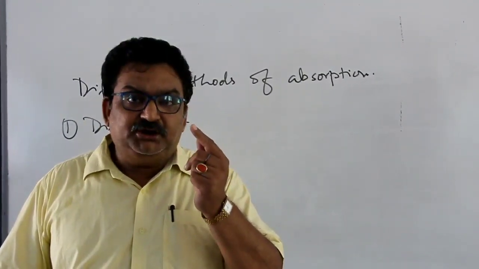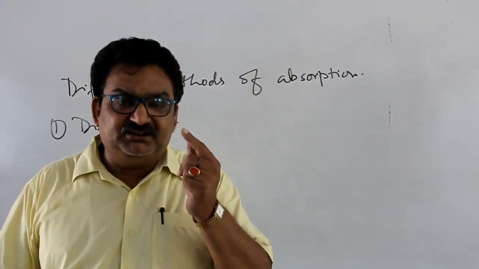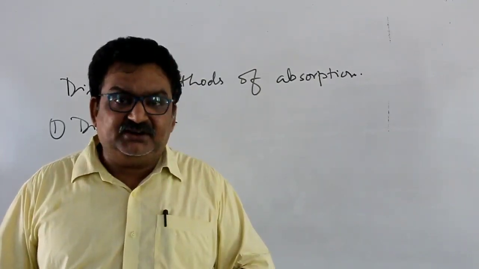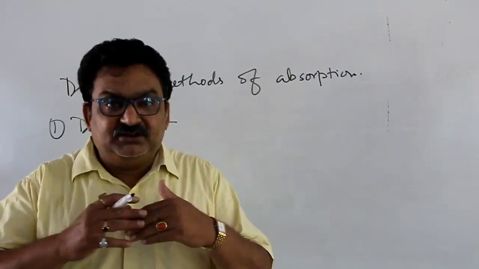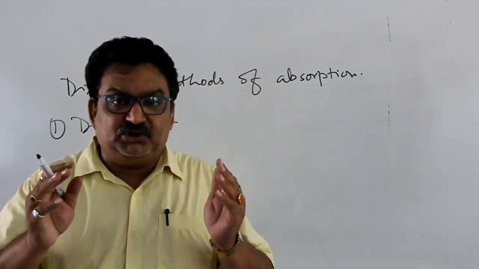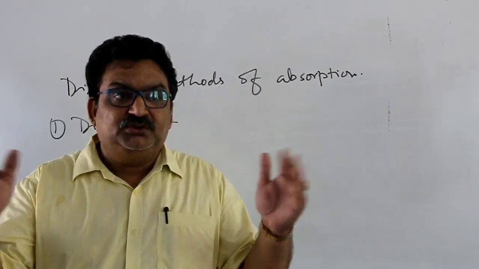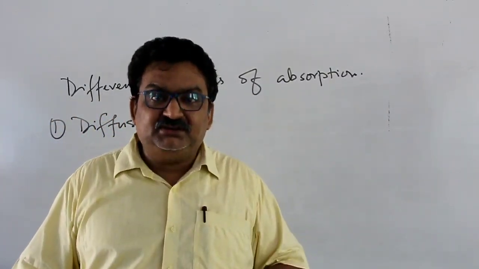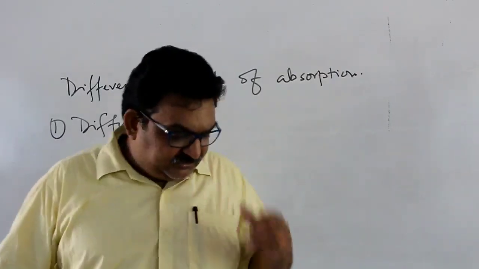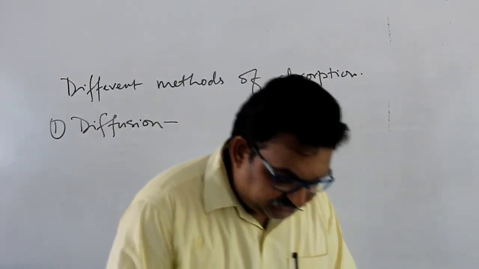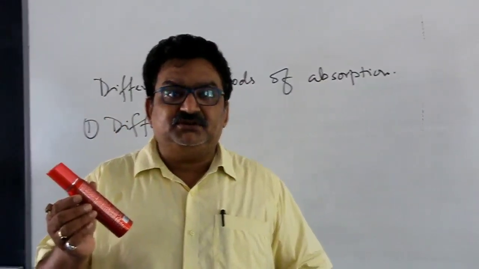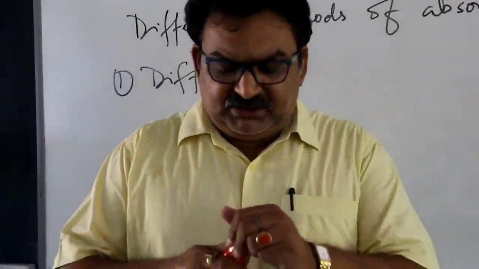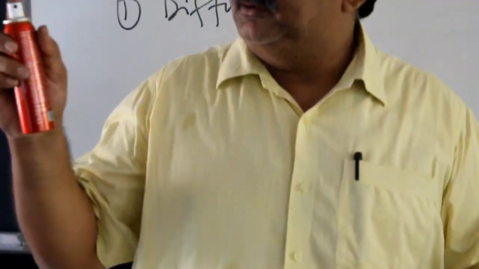Because the concentration of molecules in that incense stick was too high, that is a region of higher concentration, and as it disperses, it diffuses with the atmosphere and reaches the other end of the room, wherein you can smell that fragrance. This is what is called diffusion. Another example to show you is, you all must have used body dew or any kind of scent, and as you press this, what is happening?